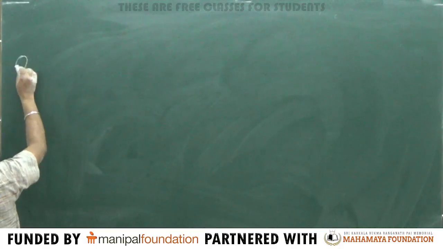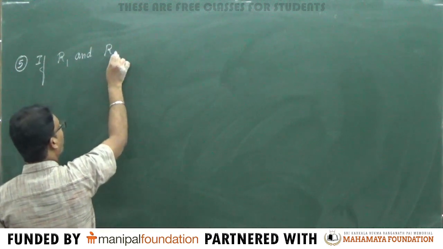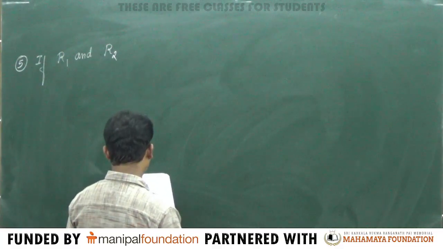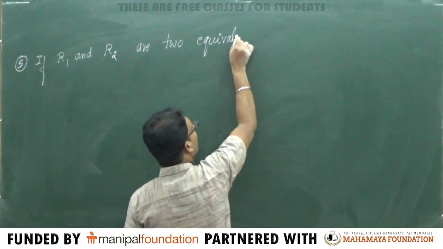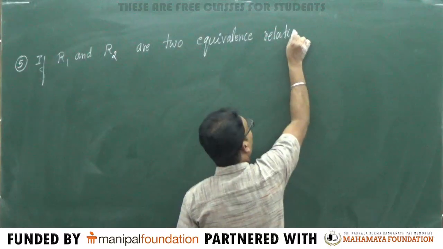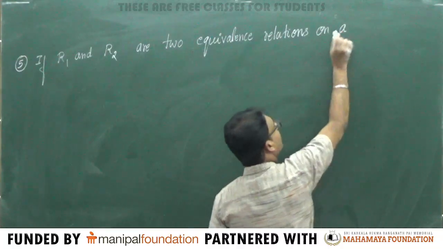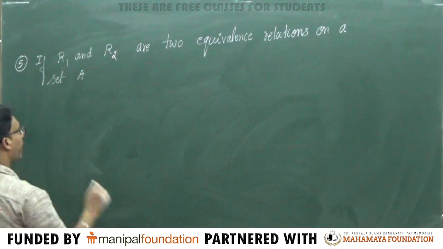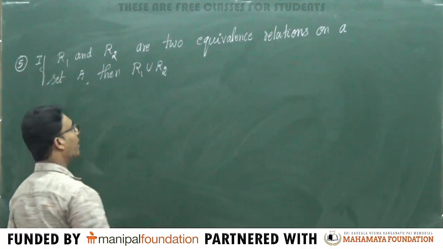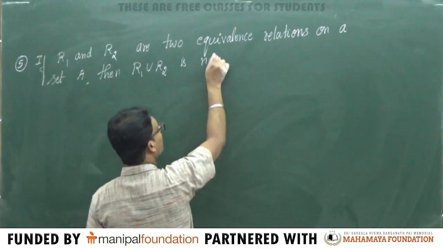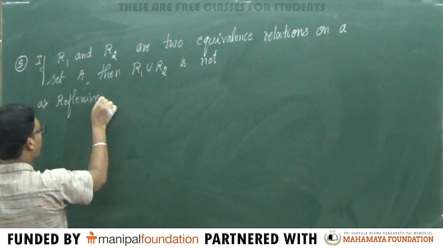Next question, question number 5. If R1 and R2 are two equivalence relations on a set A, then the union R1 union R2 is: option A, not a reflexive relation.